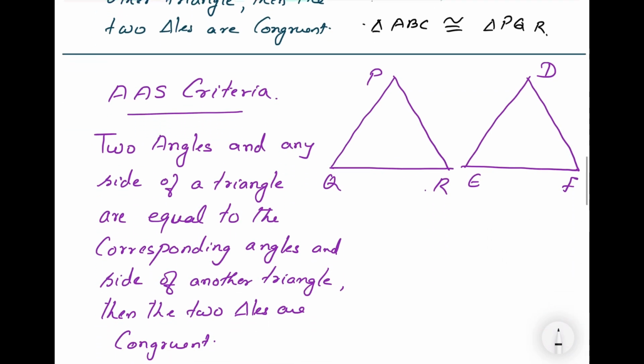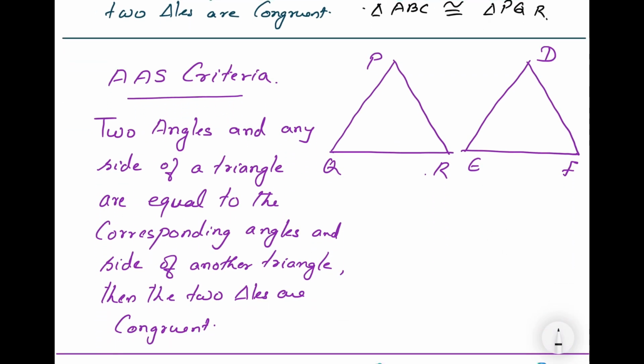Now going to the next criteria, that is AAS, that is two angles and the side next to that. So suppose we have angle P equal to angle D, then angle Q equal to angle E, these two angles, and the side next to that, it should not be included. If it is PQ, then it becomes ASA.